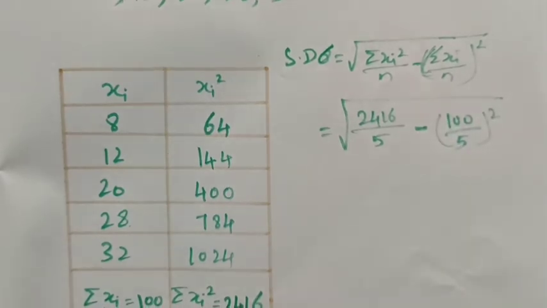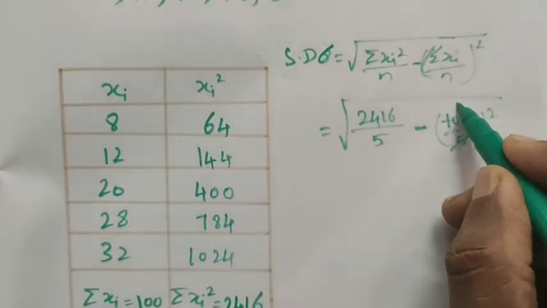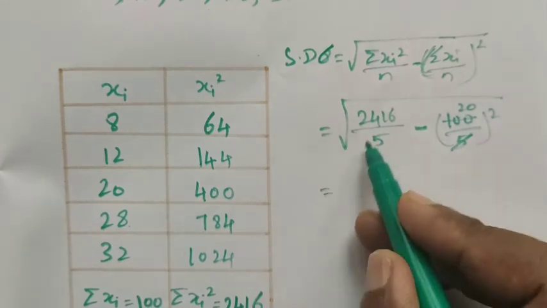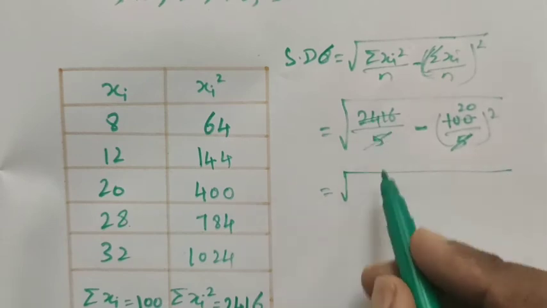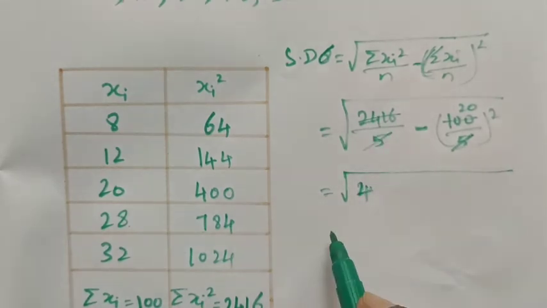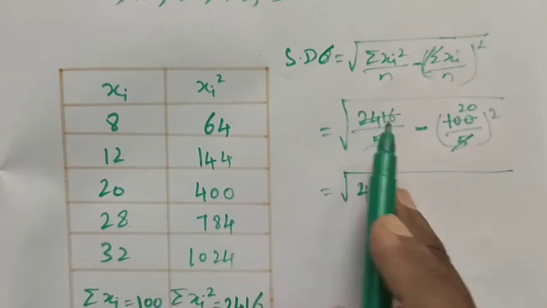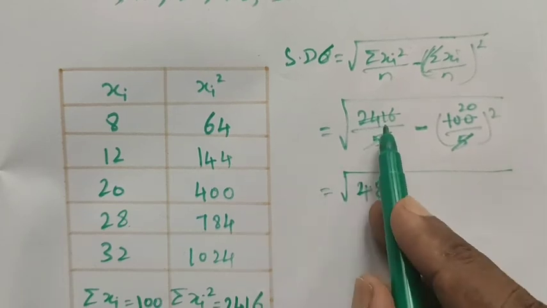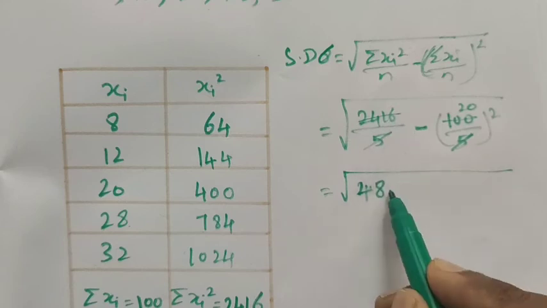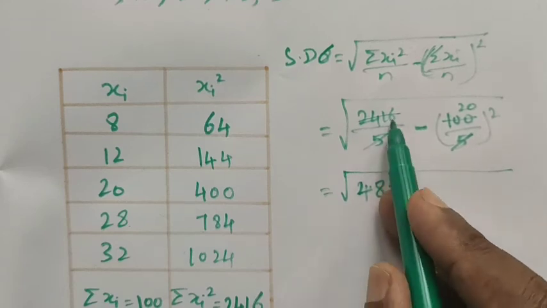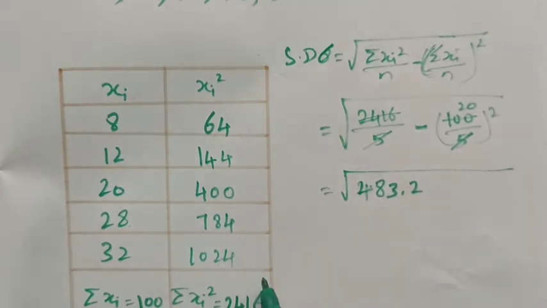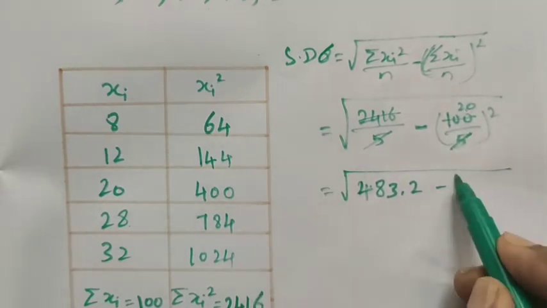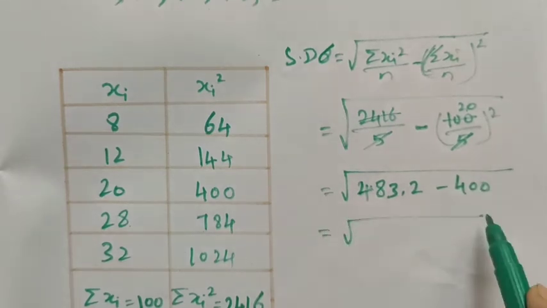Summation xi is 100, and dividing by 5 we get 20. Dividing 2416 by 5 we get 483.2, minus 20 square, which is 400. When we subtract we get 83.2.